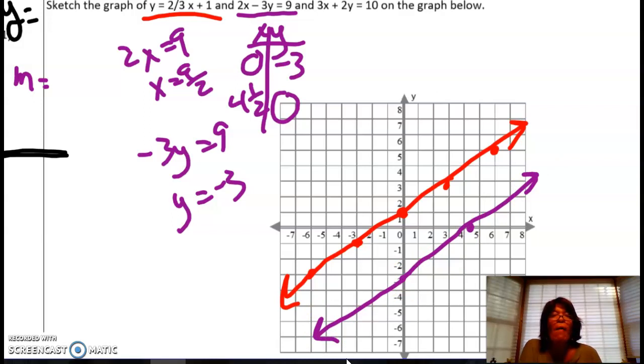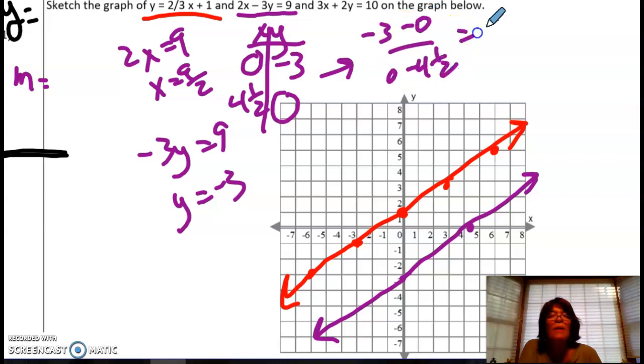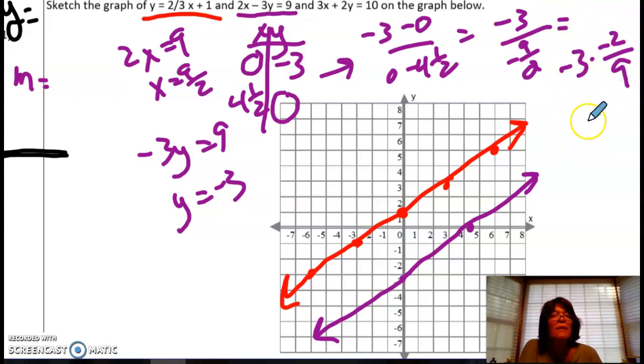If I wanted to find the slope, I'm going to subtract the y's, subtract the x's. I get negative 3 over 9 halves, over negative 9 halves. That's the same as negative 3 times negative 2/9. That's 6/9, or 2/3. So the slope of this is 2/3, and the slope of my other one was 2/3.